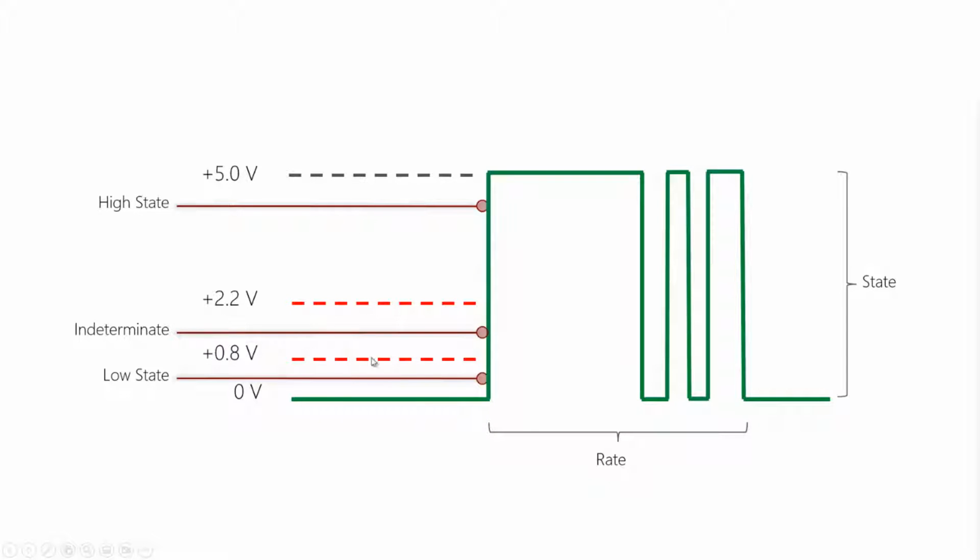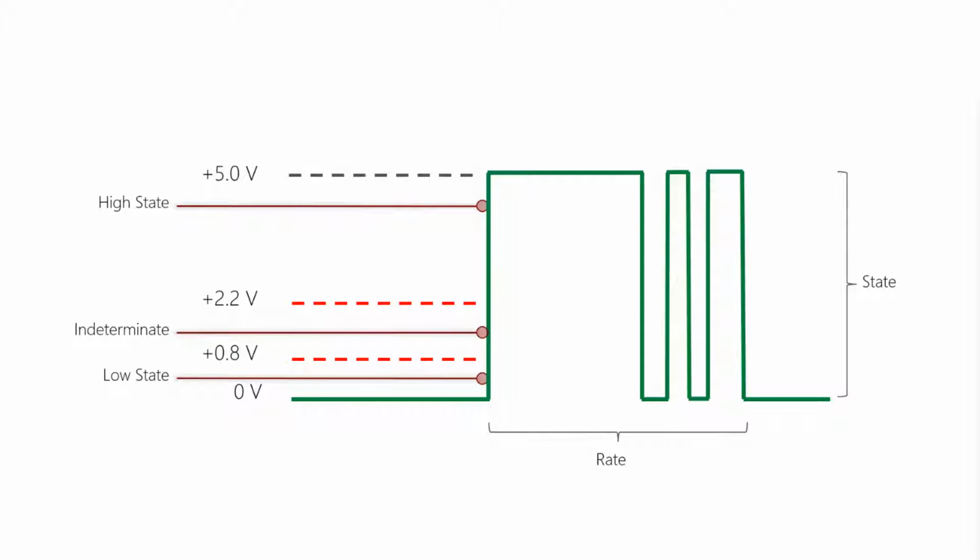Now, the area between 0.8 and 2.2 is considered indeterminate and could be interpreted as either a logic high or a logic low. So make sure that your signal doesn't fall between 0.8 and 2.2 because you might not know whether it's really high or low.